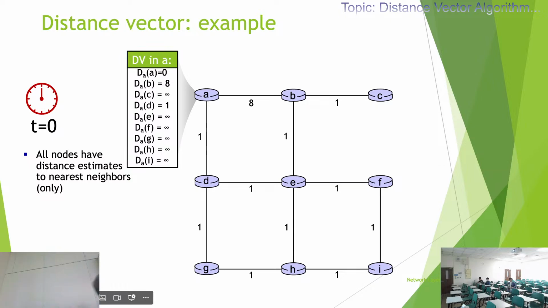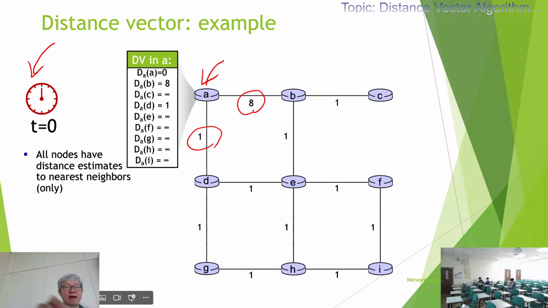Right now, with this same vector, we just pass on the Bellman-Ford equation to have the example for initialization, for the recomputation, for the notification. And we assume we start from time 0. At time 0, we have a node A, and assume we just know this vector to the neighbors.